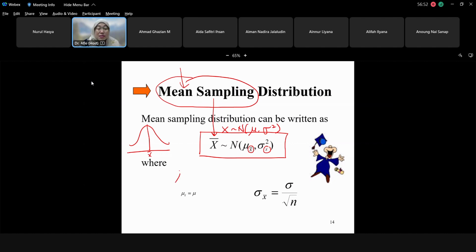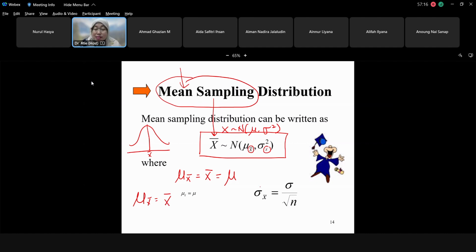The mean for the sample is known as X bar, and the value should be the same as the mu for the population. You can write this as mean X bar, or mean sample, or X bar. It's the same thing.